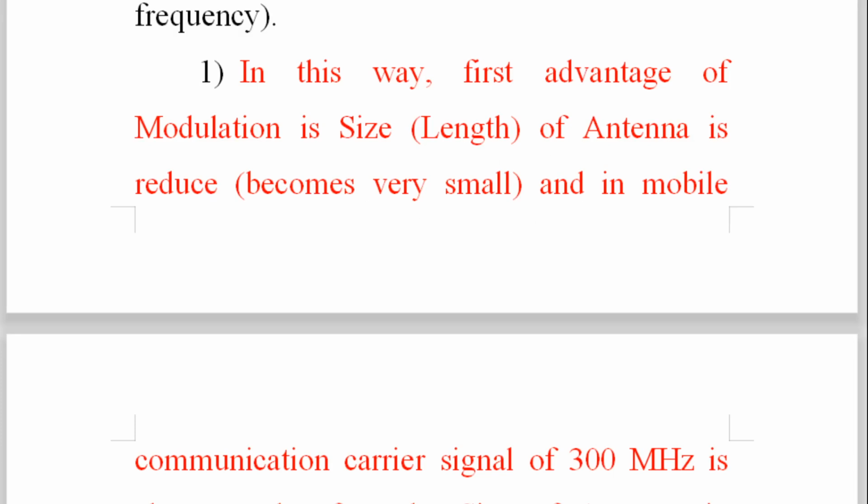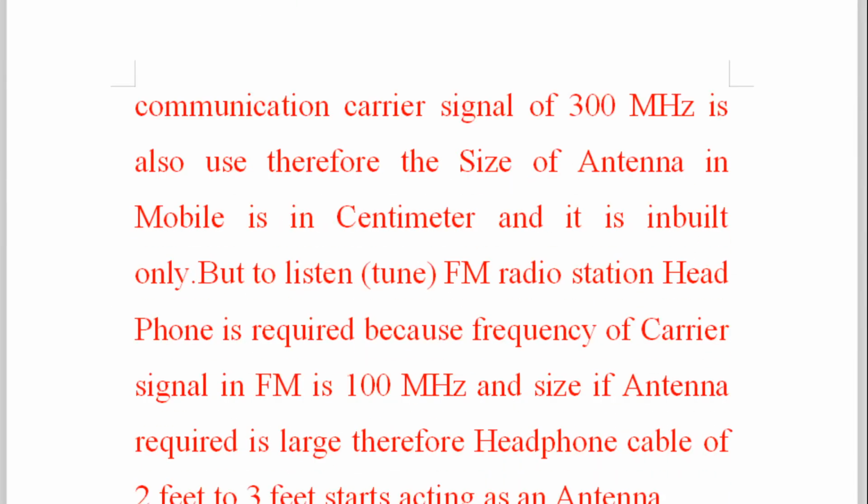And in mobile communication, a carrier signal of 300 megahertz is also used. Therefore, the size of the antenna in a mobile is in centimeter, and it is inbuilt. You see the mobiles now, you don't find the antenna outside, it is inbuilt.